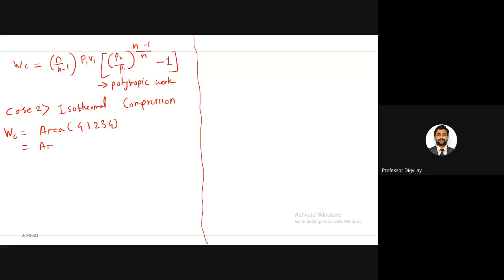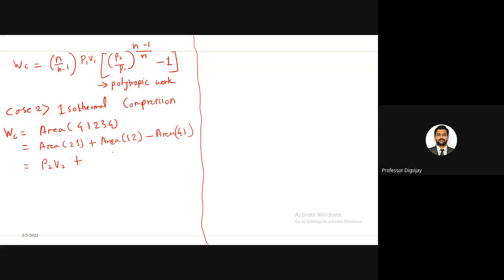You have to calculate first area of 2 to 3, then plus area of 1 to 2, then minus area 4 to 1. Here we have seen that area 2 to 3 is nothing but P2 V2 plus area under the isothermal compression. So that we have to calculate.